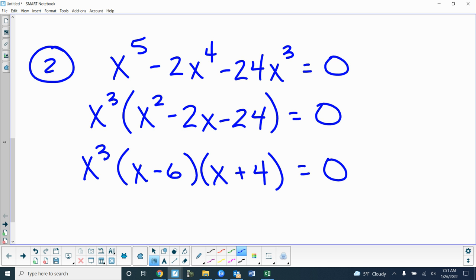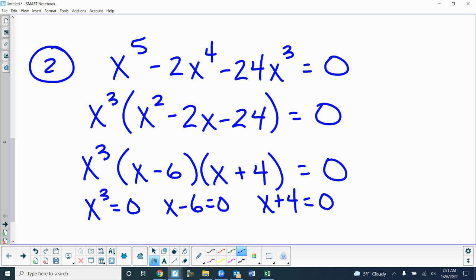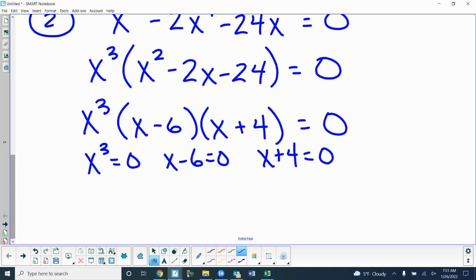So again, I just set each factor equal to 0. Again, most of you do this part in your head. Okay, so this one is -4, and this one's +6.